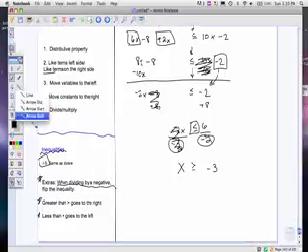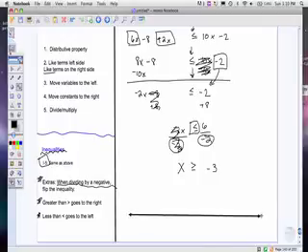Now, when you're dealing with these problems, we have to plot them on a number line. So I'm going to make a little number line here, and I'm going to start with 0 and go 1, 2, 3, 4, and also on the other side, negative 1, negative 2, negative 3, negative 4.